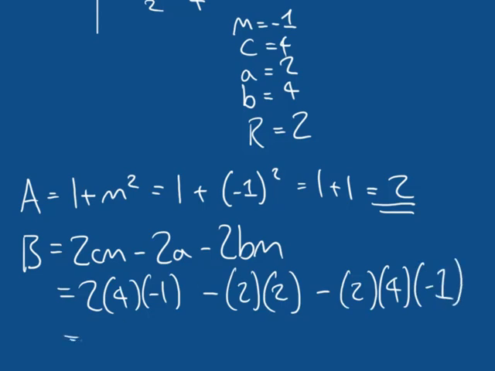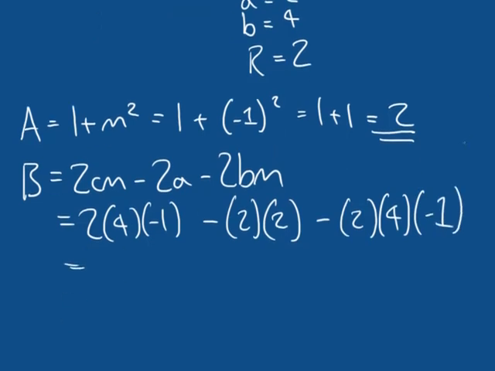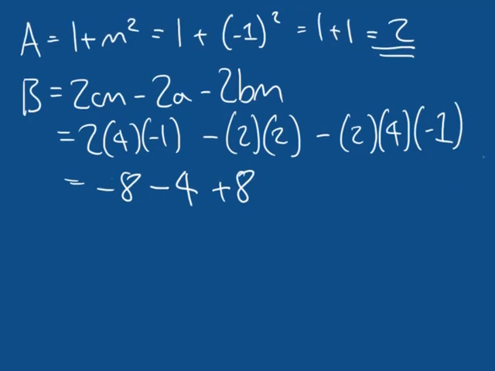So that's 2 times 4 is 8, times -1 is -8. 2 times 2 is 4, so -4. 2 times 4 is 8, times -1 is -8, times the negative here becomes +8. So hopefully you can see that our -8 and +8 are going to add together to form 0, meaning the result is -4. So B is equal to -4.